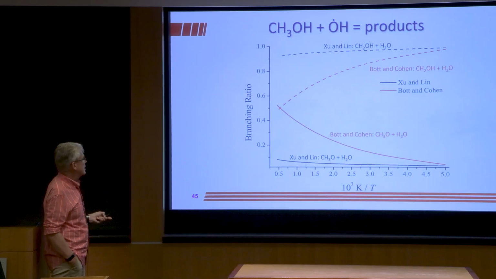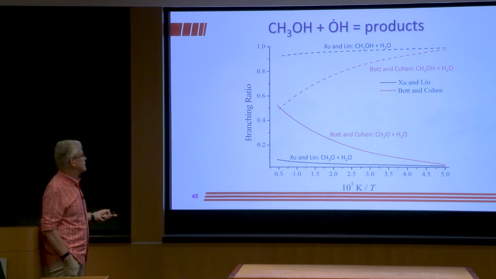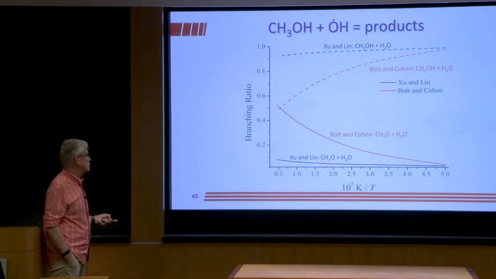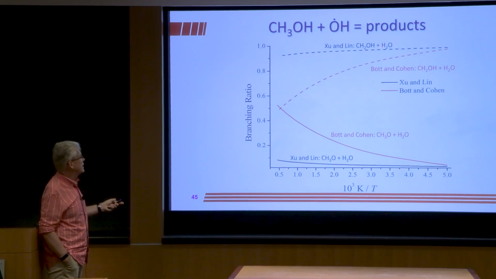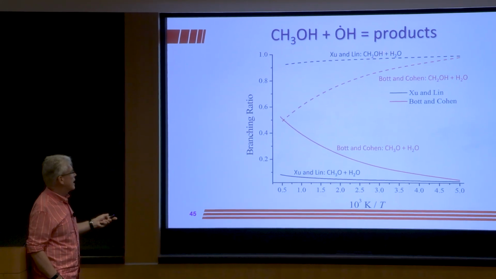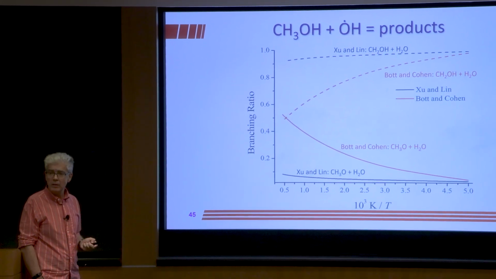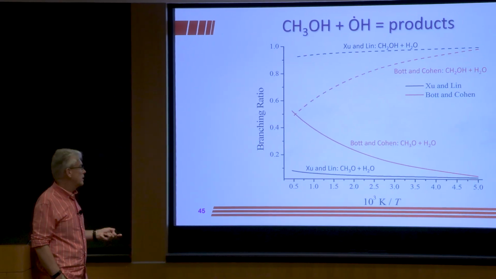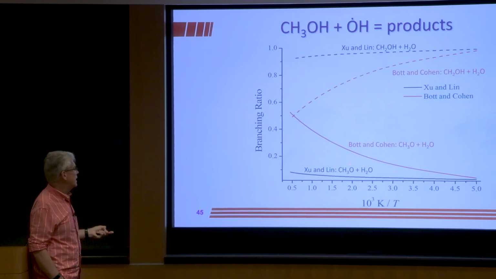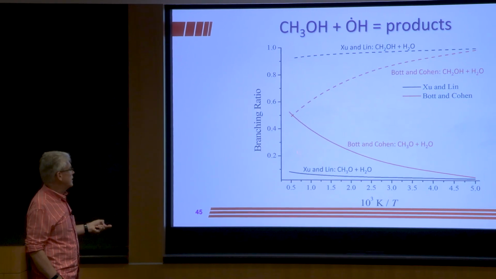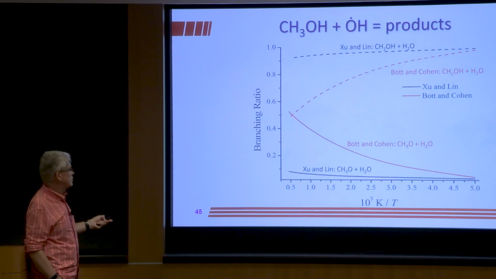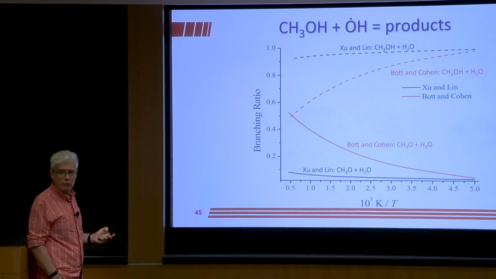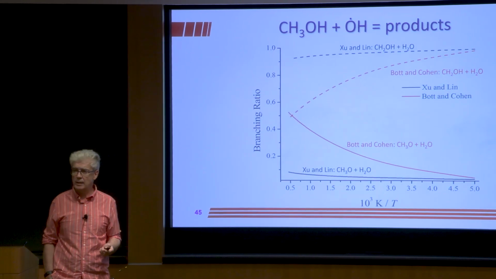But if we look at the rate constant from Zhu and Lin and Bott and Cohen, you can see that there's quite a difference in the branching ratio. Zhu and Lin say there's very little methoxy plus OH, and you get 95% or more hydroxymethylene plus water from that reaction, okay? But Bott and Cohen say that if you go certainly up to close to 2000 Kelvin, the branching ratio should be about 50-50, okay?